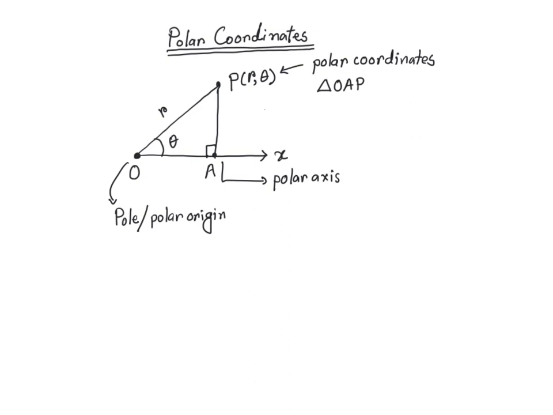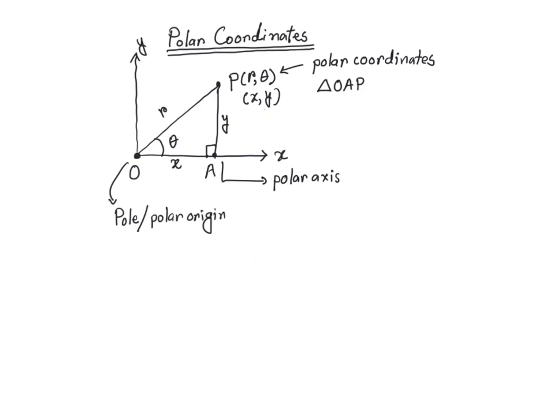The point P in our rectangular coordinate system, so let's draw a vertical axis or y-axis. In the rectangular coordinate system, point P would be identified by x-coordinate and y-coordinate. So this vertical distance is y, and this horizontal distance is x.